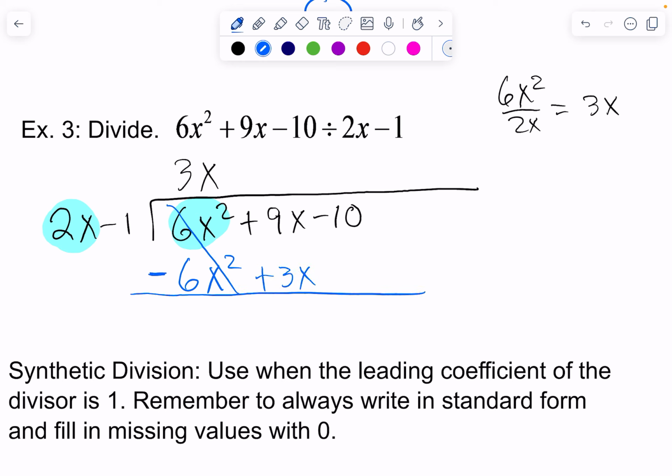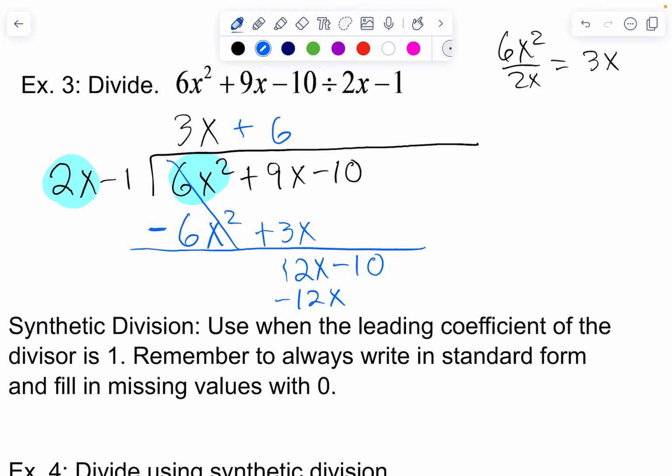First terms cancel. 12x minus 10. 2x goes into 12x, positive 6 times. 6 times 2x is 12x. Negatize, that becomes negative 12x. 6 times -1 is negative 6. Multiply by a negative, that becomes positive 6. And I have a remainder of negative 4.